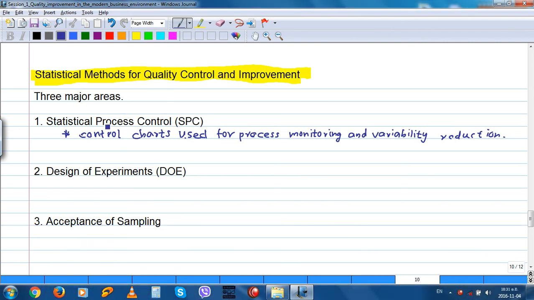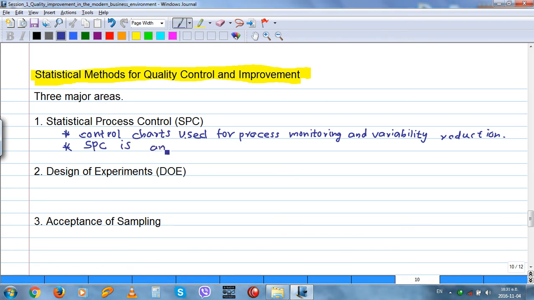This SPC, statistical process control, is an online quality control tool.